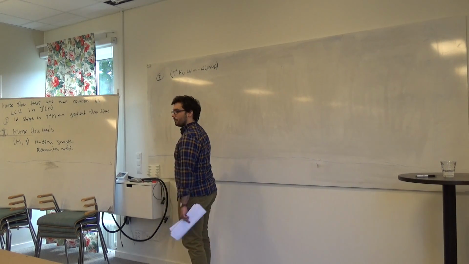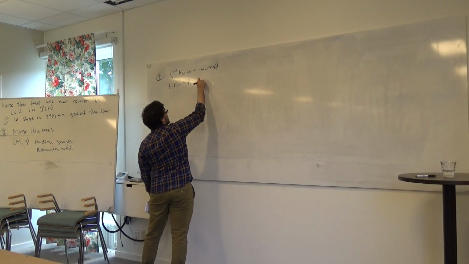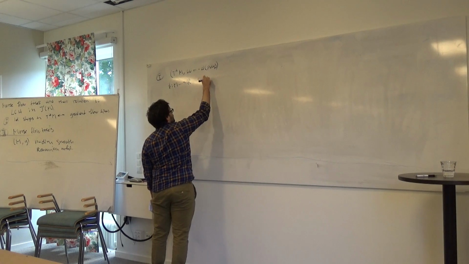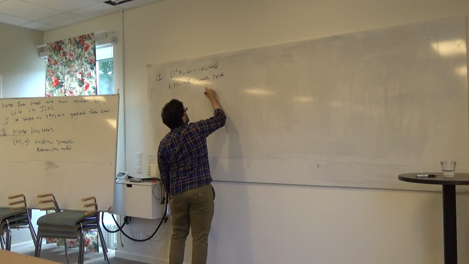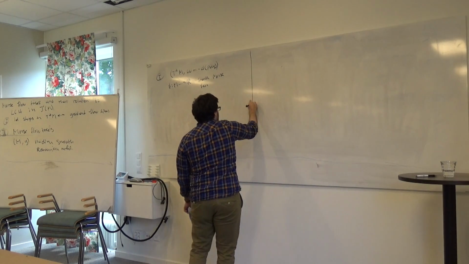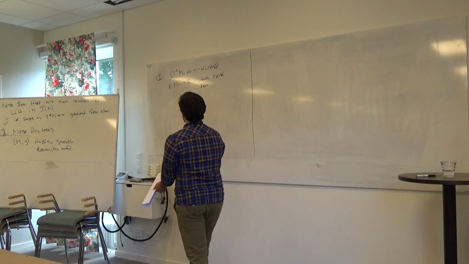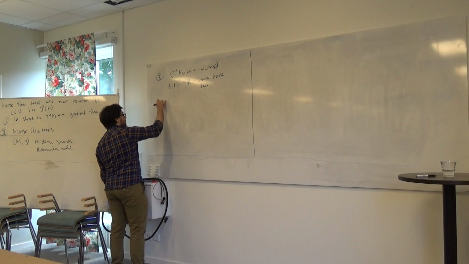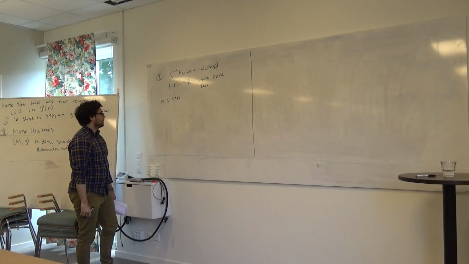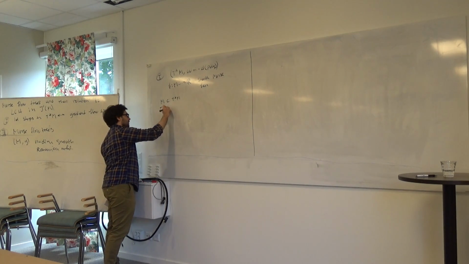And then I will pick a smooth Morse function on M. And then I will consider the two Lagrangians in the cotangent bundle, the zero section, and the graph of the f.